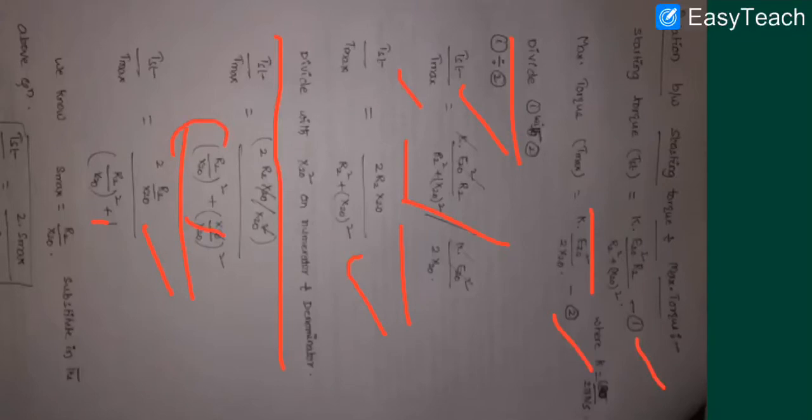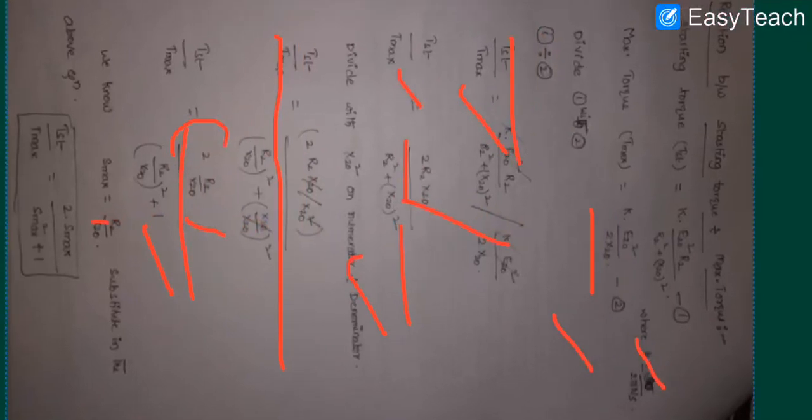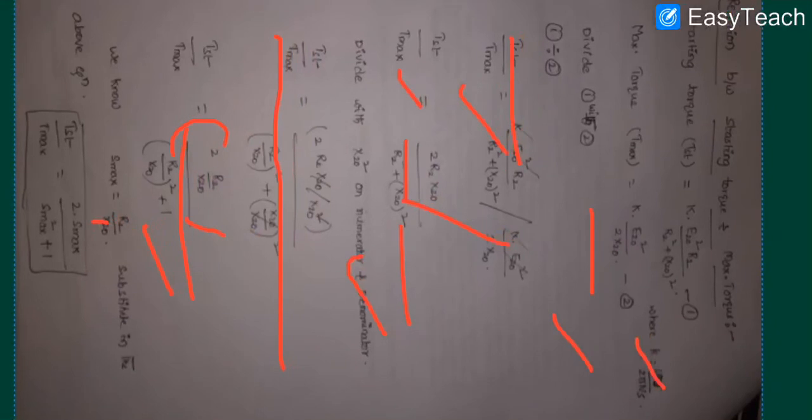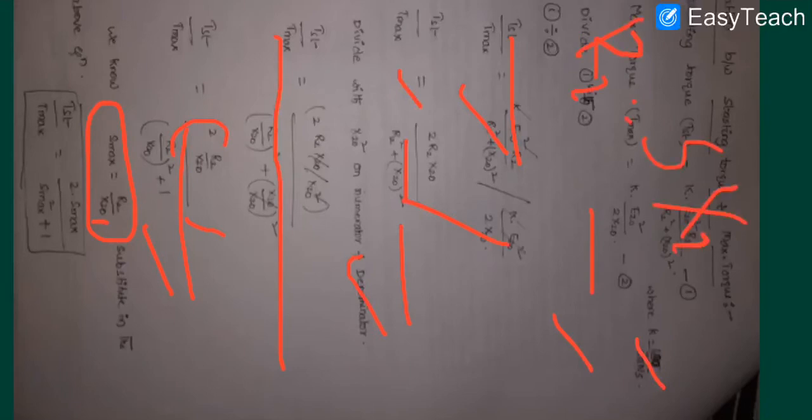Here we know the condition for maximum torque: S maximum is equal to R2 by X20, that is obtained from R2 equal to S into X20. Now S maximum is replaced with R2 by X20.